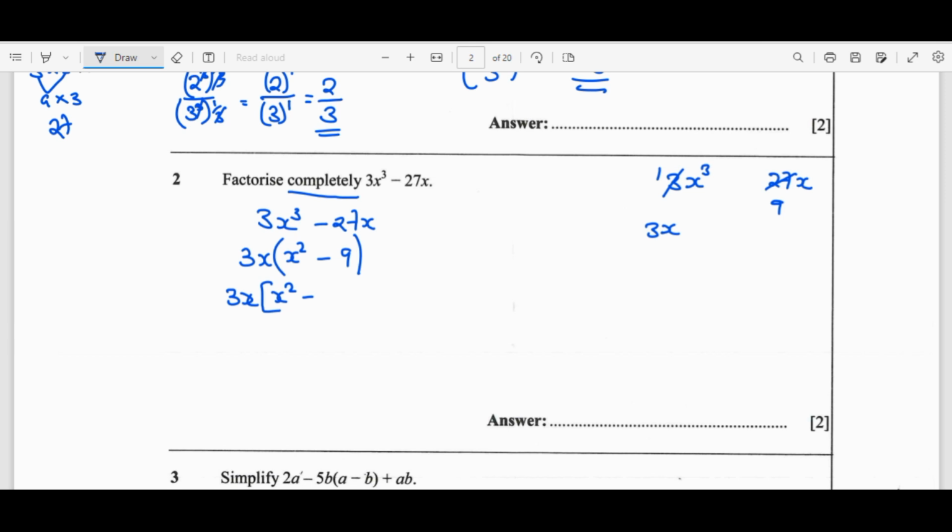We're going to change it. We're going to find a number which can multiply itself 2 times to give us 9, and that is 3. So we continue and say 3x, open bracket, x minus 3, you close, you open, and then x plus 3, you close, and it means that you've answered the question very correctly.